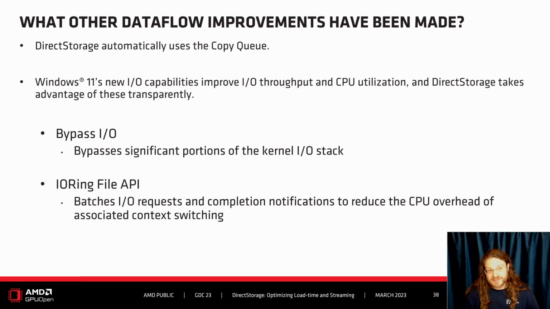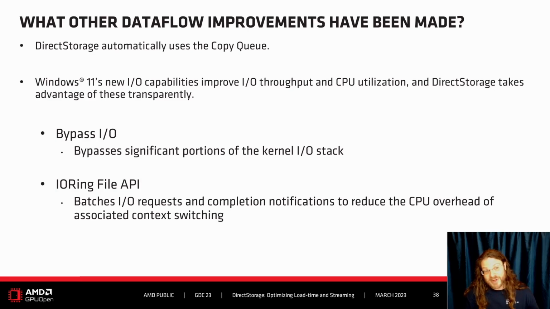For Windows 11, bypass IO significantly bypasses several portions of the kernel IO stack. And Windows 11 also offers the IO ring file IO API. And because you use direct storage, you won't have to worry about implementing either one, because it's done for you.